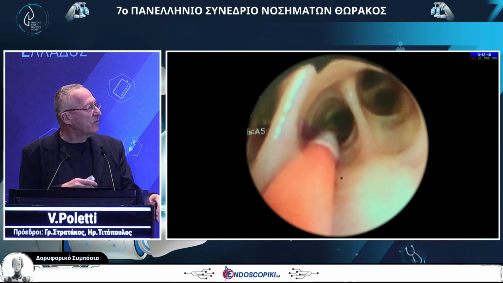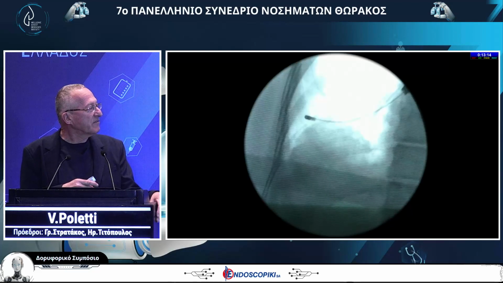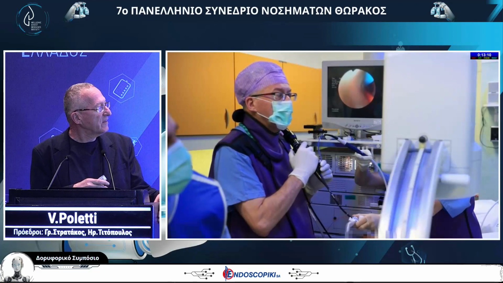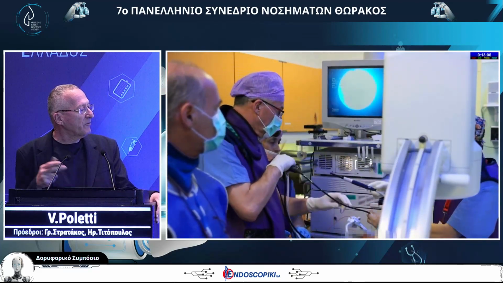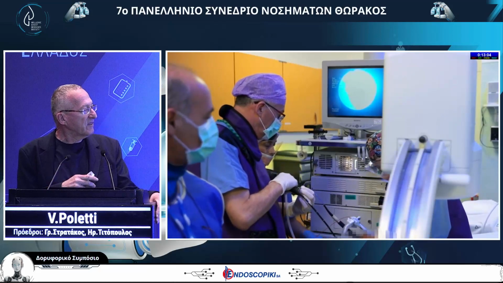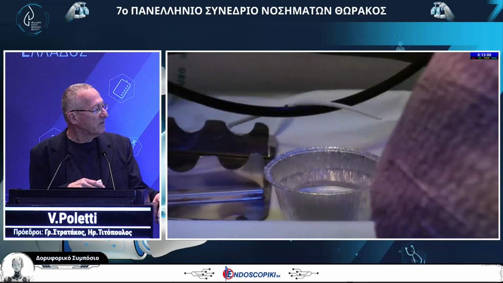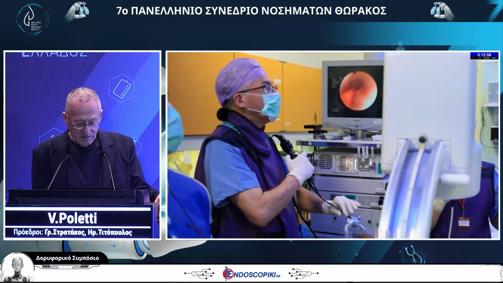staying quite close to the pleura, and we freeze 7-8 seconds with 1.7 and a little bit less with 2.4. When we go out, an assistant inflates the balloon. This is a dark period, but we control bleeding in that way.